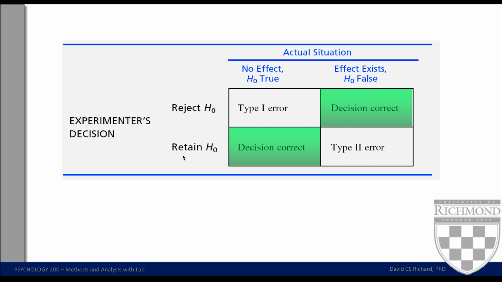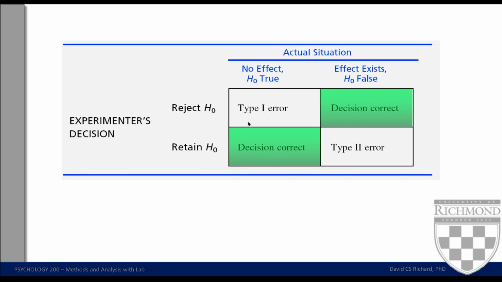Okay? Or I could fail to reject the null hypothesis and say that there's no relationship between two variables, and in reality there's in fact no relationship, no effect. That's also a correct decision. So as much as possible, we want to be on this diagonal of green, right? That represents correct decision making.